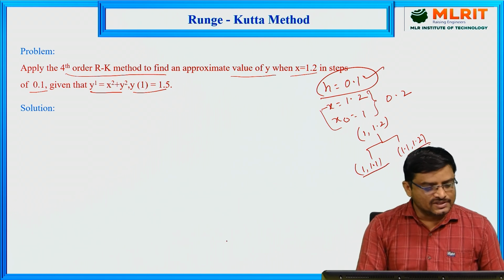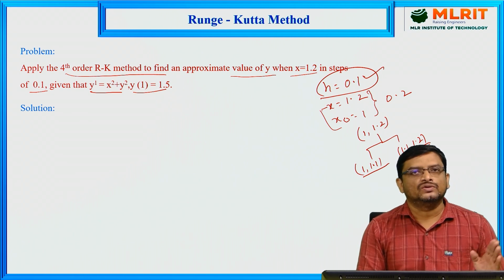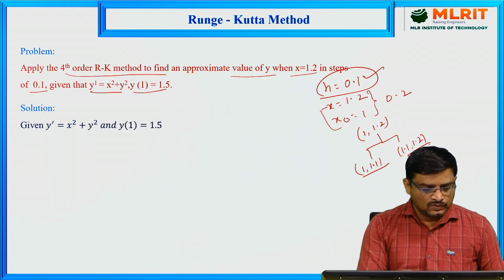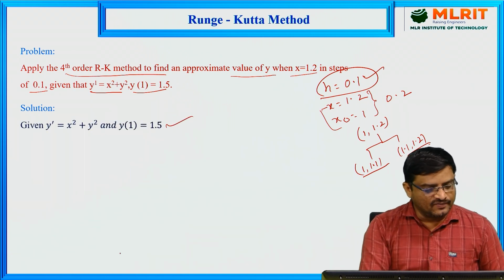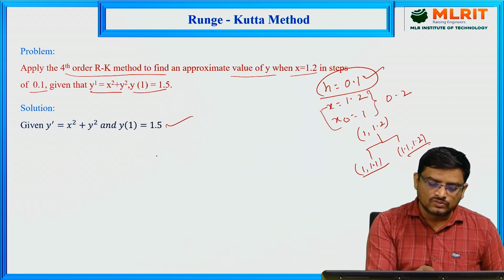Now let us start how we can apply this fourth order RK method to find the solution at the given values of x. As usual, take the differential equation y dash is equal to x square plus y square, and the initial condition y of 1 is equal to 1.5.